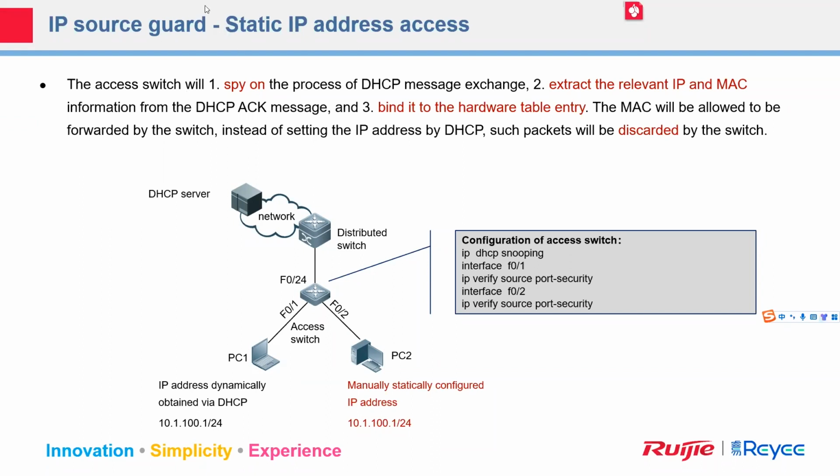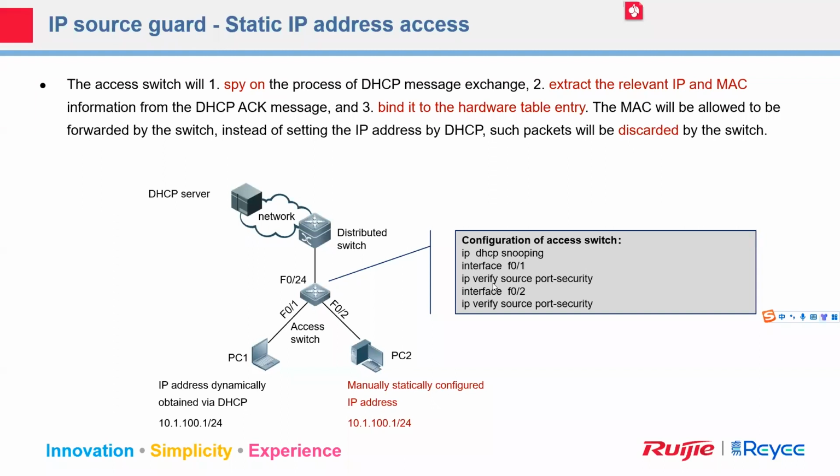So we enable this function on the access switch. The command is ip dhcp snooping, and then in the interface, we can use the command ip verify source port-security, on both interfaces. These interfaces are used to connect with the terminals.